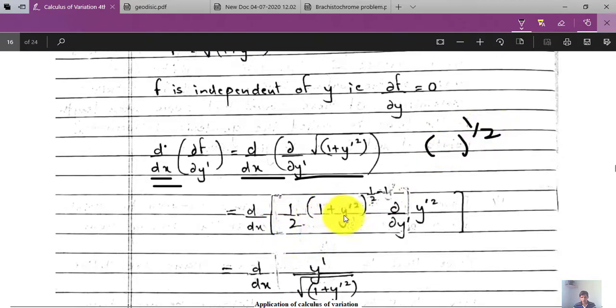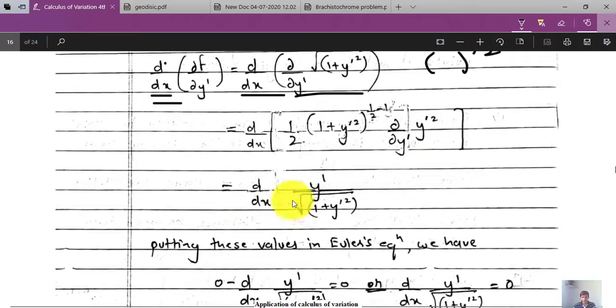So 1/2 times (1 plus y prime square) raised to n minus 1, that is half minus 1, into ∂/∂y prime of (1 plus y prime square), function of a function. After evaluating, you get y prime divided by the square root of 1 plus y prime square.